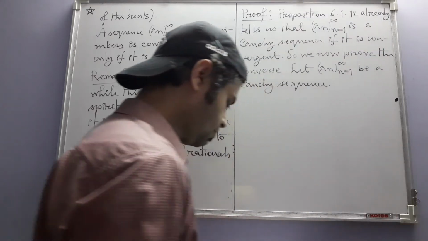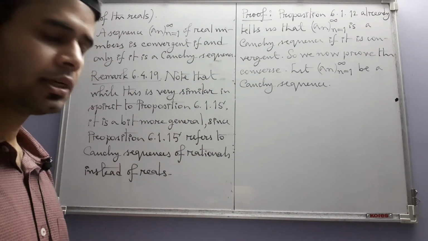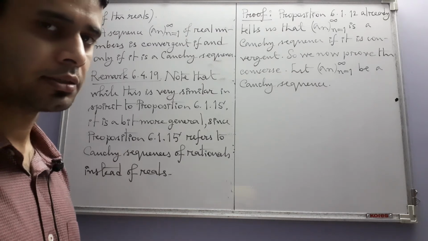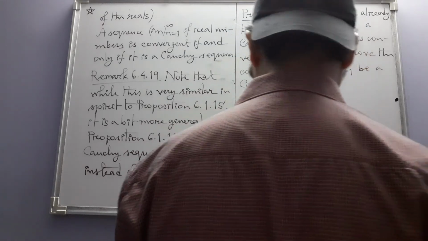So the thing we immediately notice is that Cauchiness implies boundedness from a previous result. That result is precisely this.